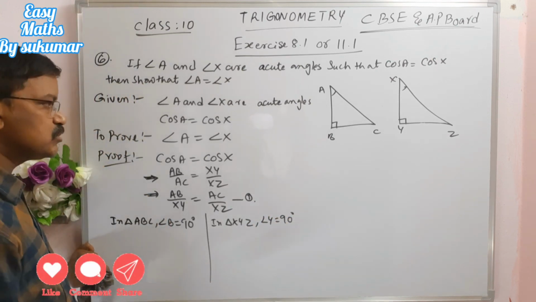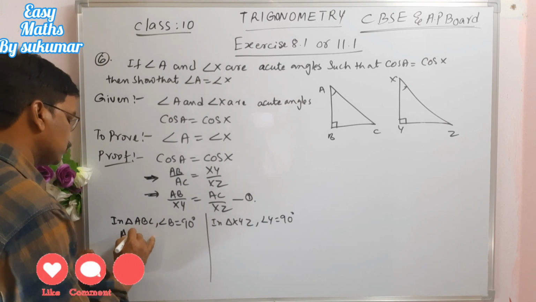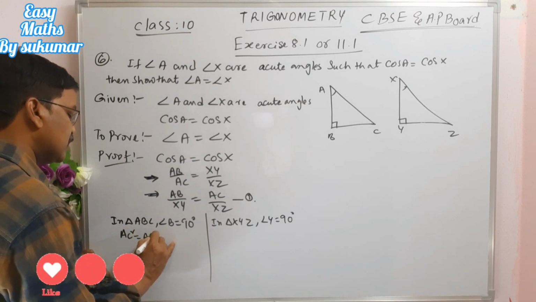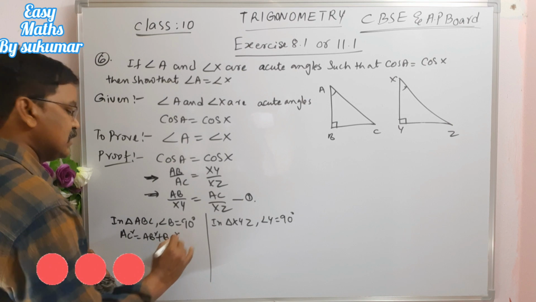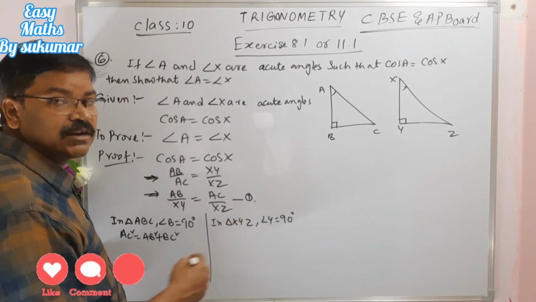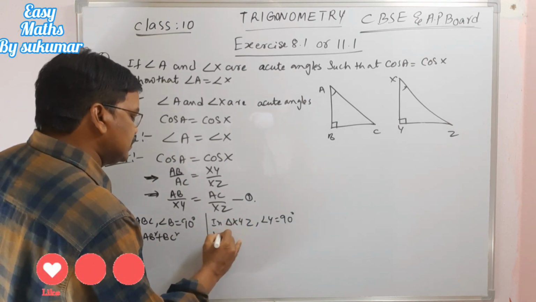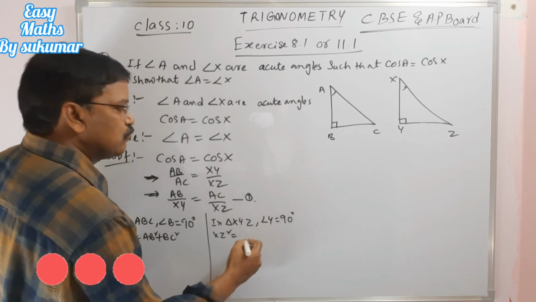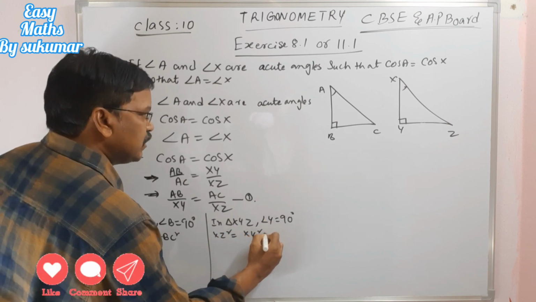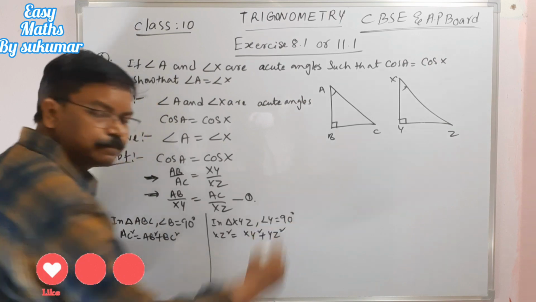Therefore, according to Pythagoras theorem, AC square is equal to AB square plus BC square. Similarly, in this right angle triangle XYZ, XZ square is equal to XY square plus YZ square.